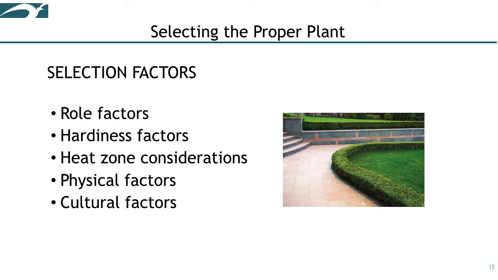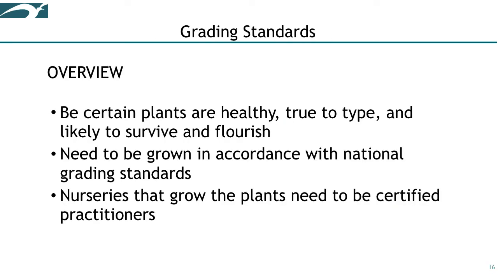So, selection of your plants is very important based on the role factor, the hardiness factor, the climate consideration zones, the physical factor, and the cultural factor. Make sure you get all of those before selecting your plants.